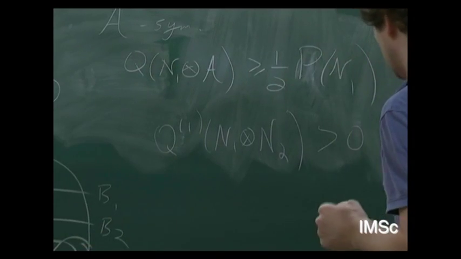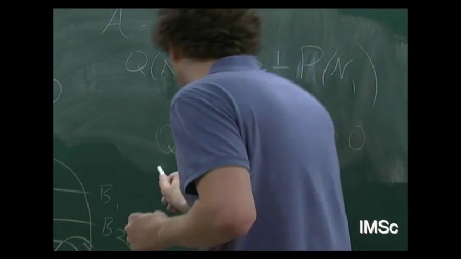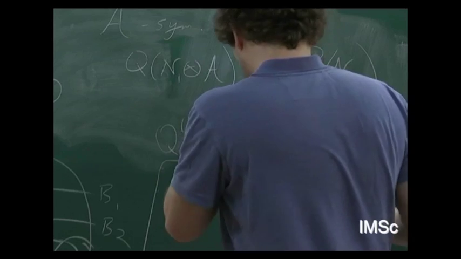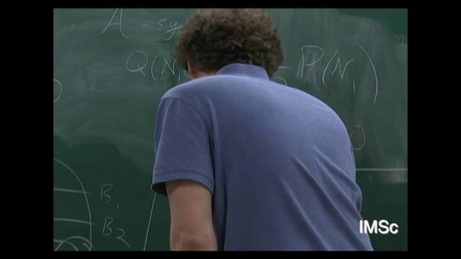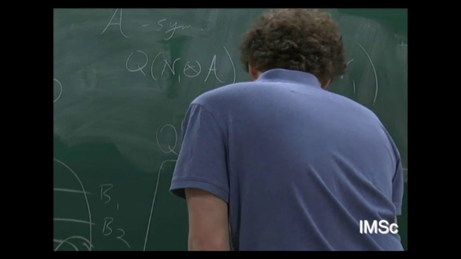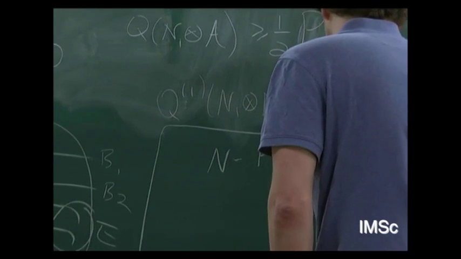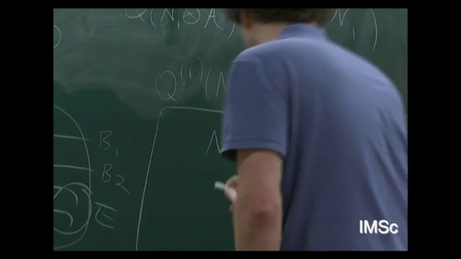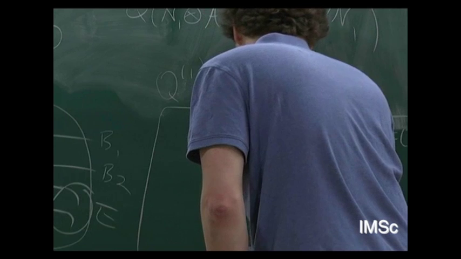Specifically, I don't know of any Gaussian channels that are PPT, which means they have zero quantum capacity, but have positive private capacity.